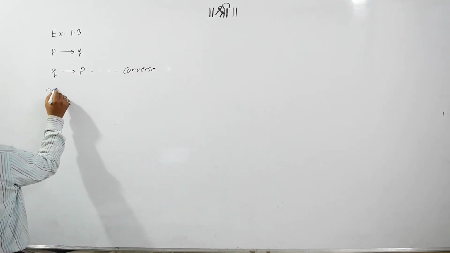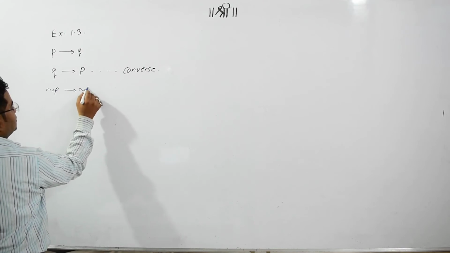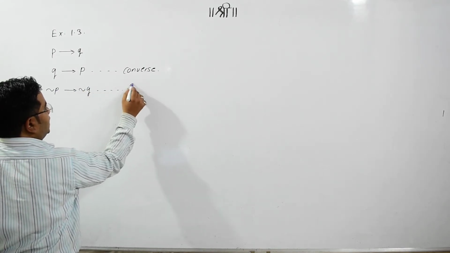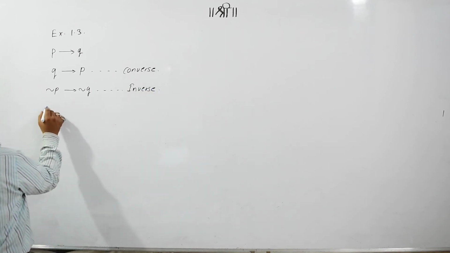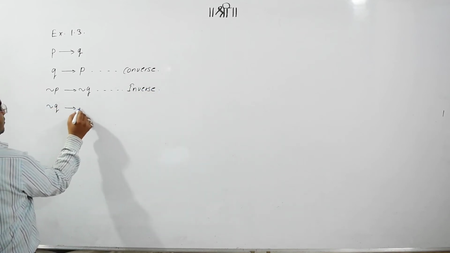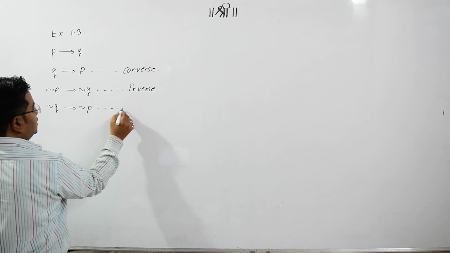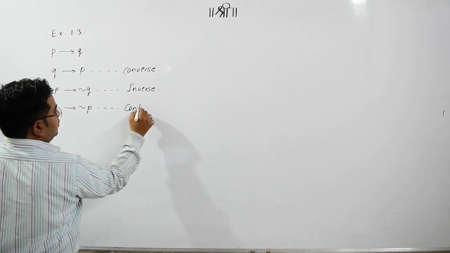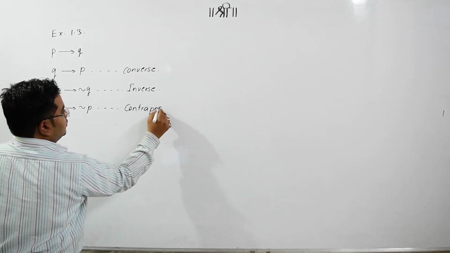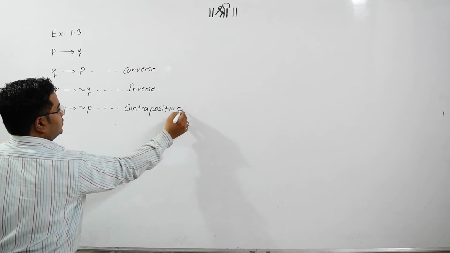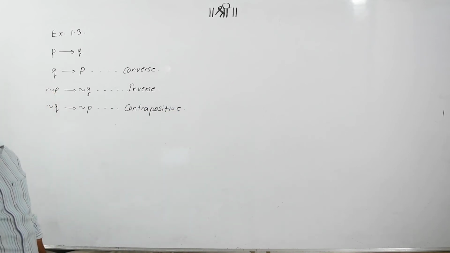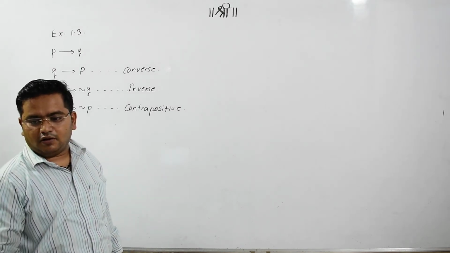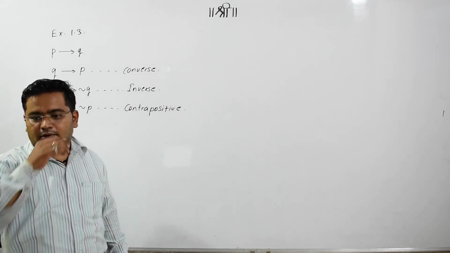If negation of P implies negation of Q, then it is called inverse. And simply negation of Q implies negation of P is called contrapositive.